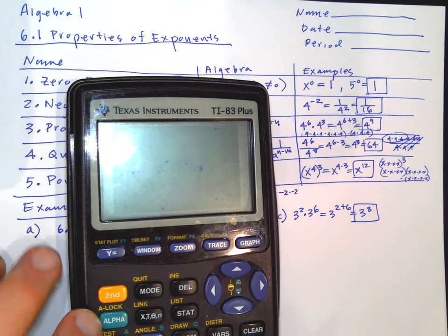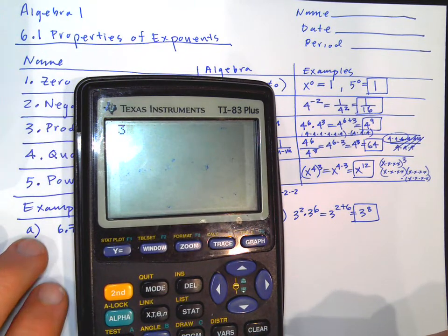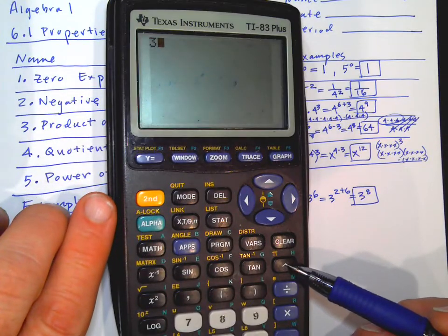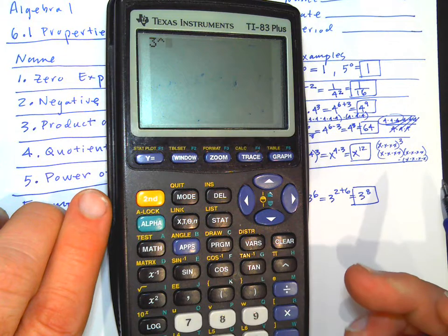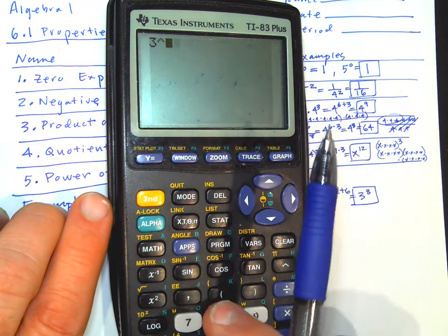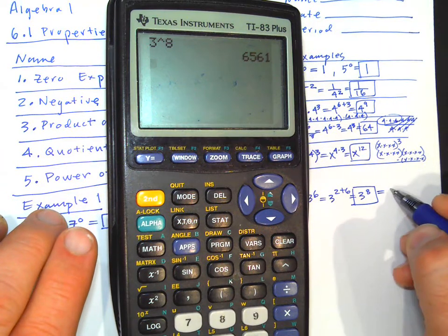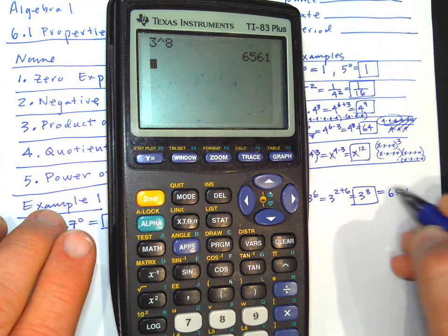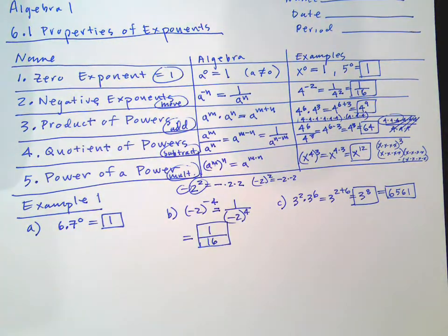So 3 to the 8th, you'd say 3 and then use this caret symbol right here. On most calculators, it's called the caret symbol, and that's what we use for powers. So that's how you do 3 to the 8th on this. And most simpler calculators also do it like that. So I'll probably simplify some of these answers.